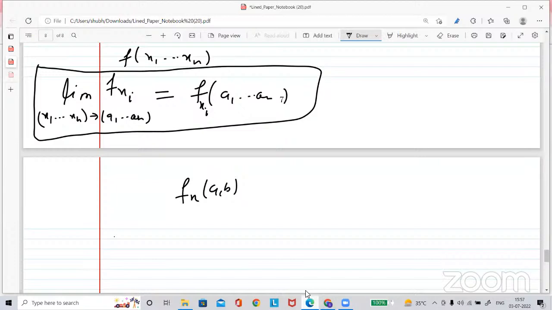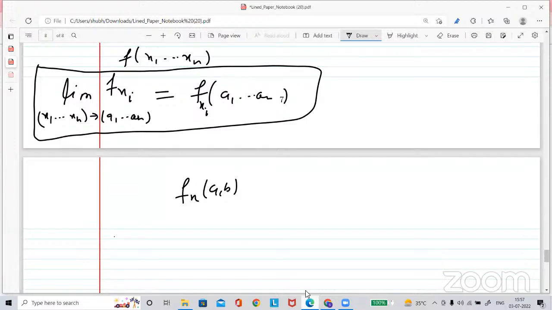You can relate it with differentiability. So it is not necessary to have the limit well defined for the definition of the partial derivative. Am I right, sir? Yeah.